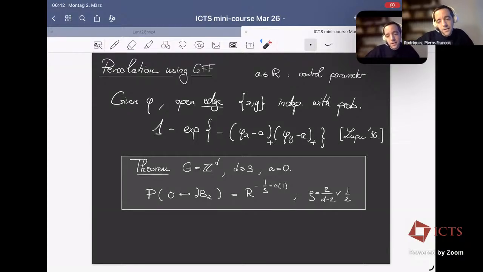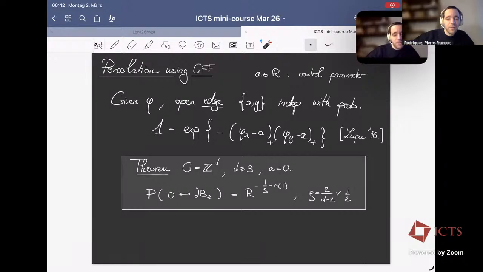And here the exponent is 2 over d minus 2, maximum a half. So if you unpack this maximum, in dimension 3 it's equal to 2. In dimension 4, it's equal to 1. In dimension 5, it's equal to something in between. And then when you hit dimension 6, the two quantities are equal.